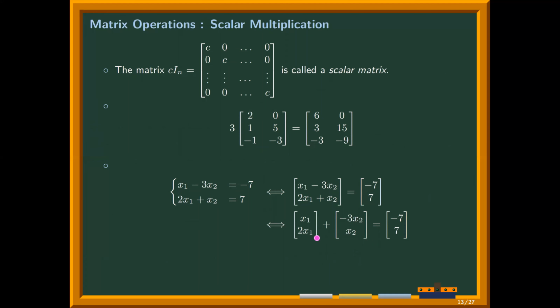So we can actually write each of these vectors as scalar multiples of matrices. Indeed, if you take out x1 of the first term and x2 of the second term, the left-hand side can be written in this manner.